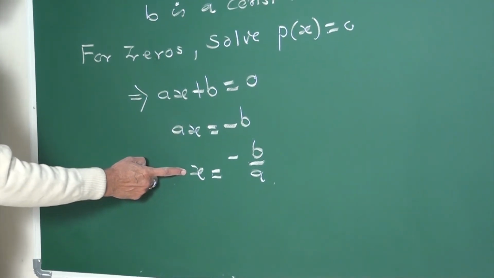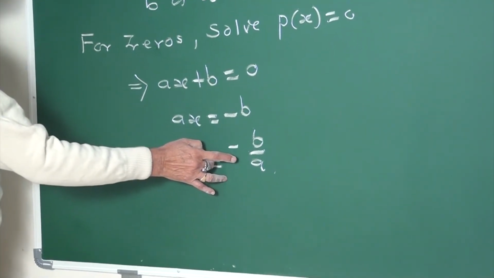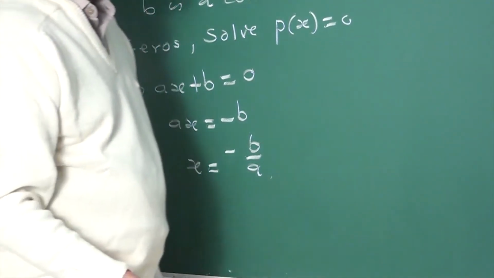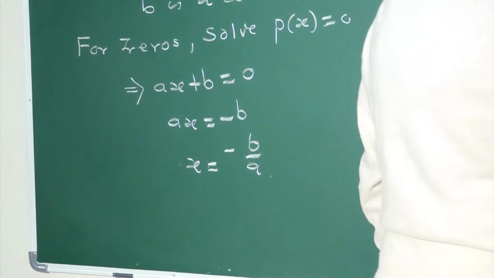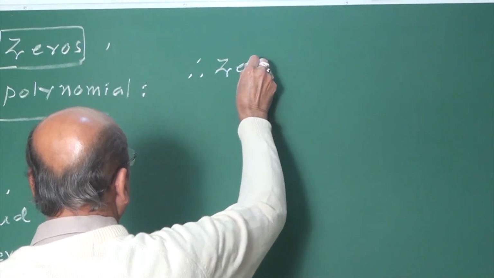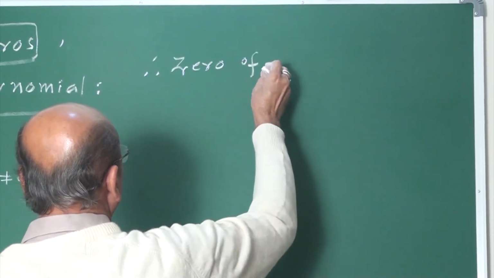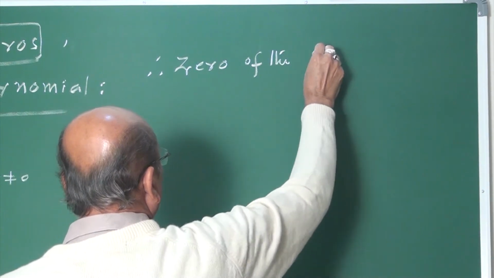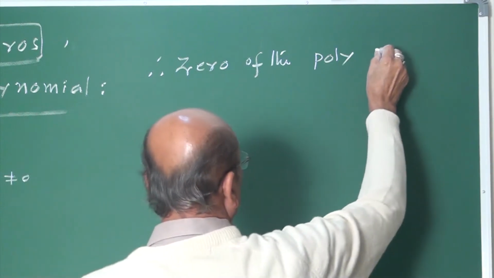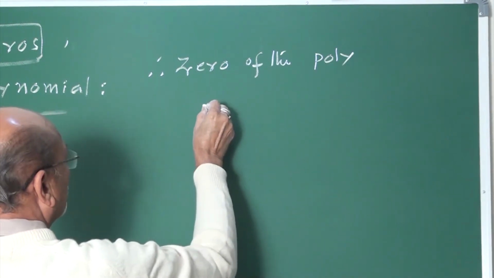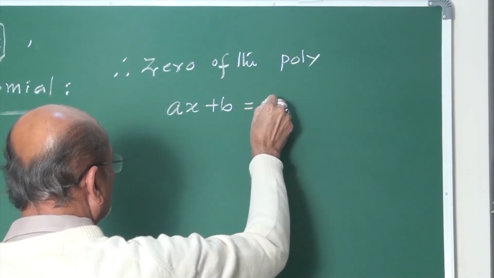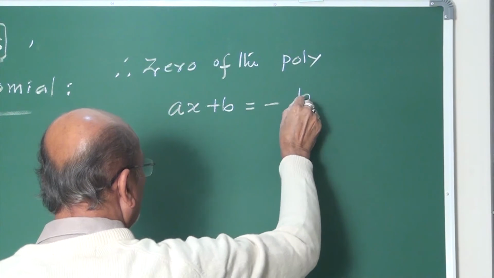Therefore, what is the zero of the polynomial? The zero of the polynomial is minus b by a. Therefore, the zero of the polynomial P(x), that is ax plus b, is equal to minus b by a.